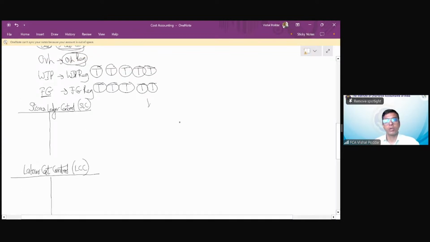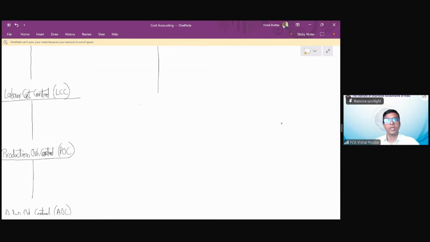Then you have the work in progress control account. In short, WIPC. Again, 8 to 10 lines. Then you have the finished goods control account, FGC. 6 to 8 lines.